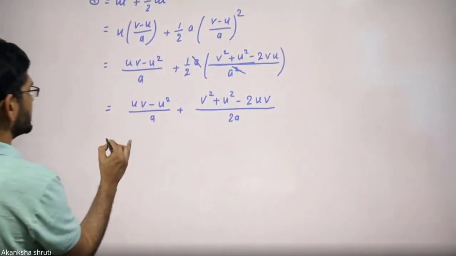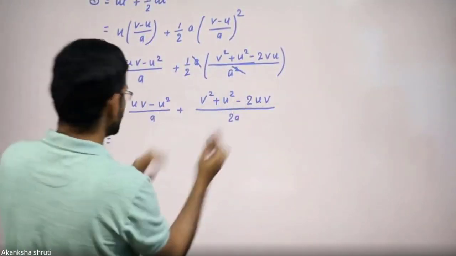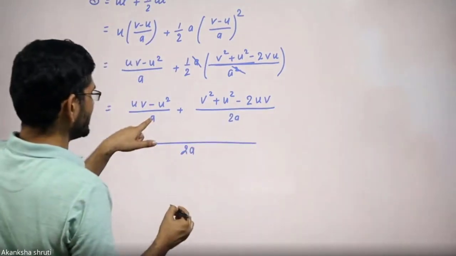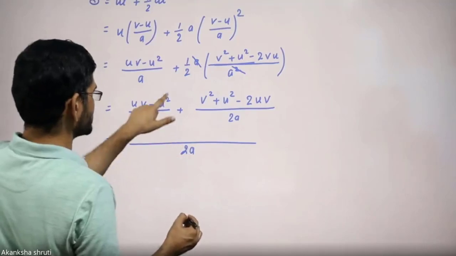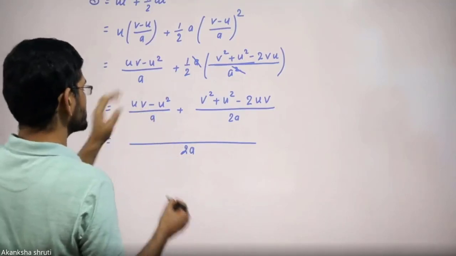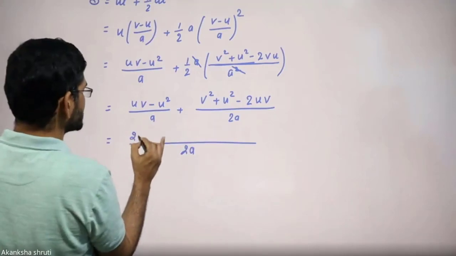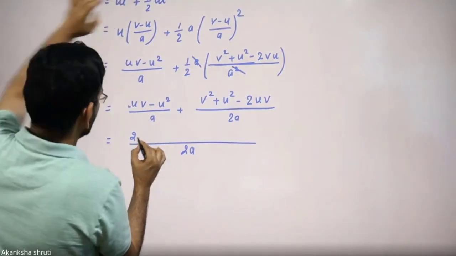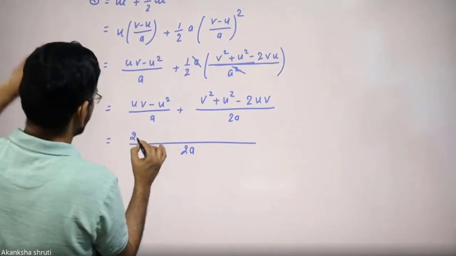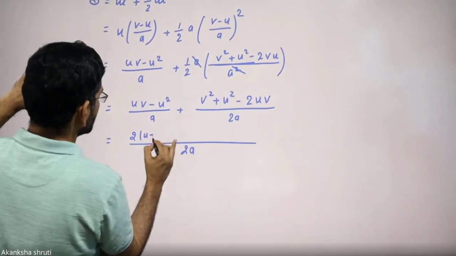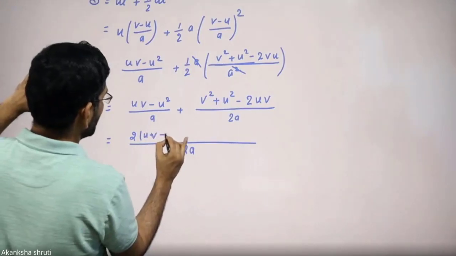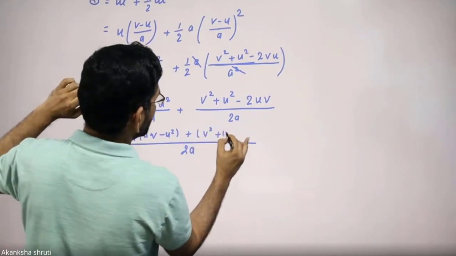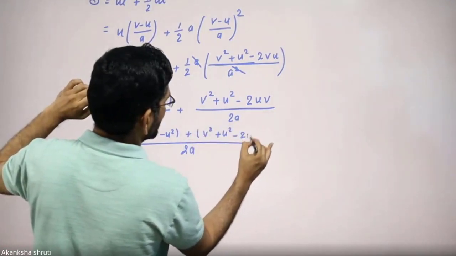Now we have to add these two. This is one fraction, this is the other fraction. So the denominator becomes 2a. For this, a gets cancelled, so 2 is left. This entire numerator will multiply with this 2. So this becomes 2 multiplied by (uv minus u square) plus v square plus u square minus 2uv.